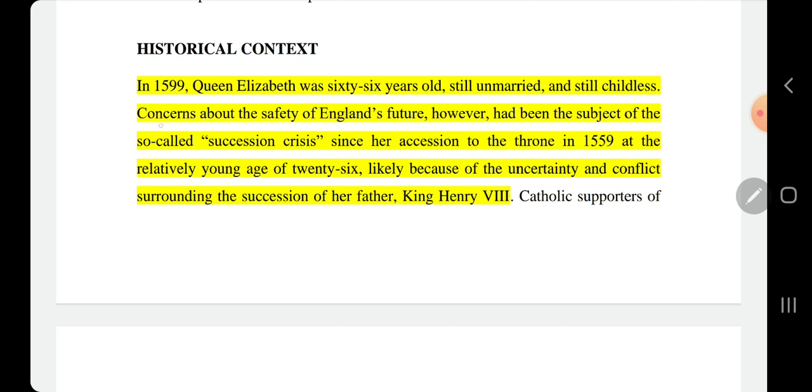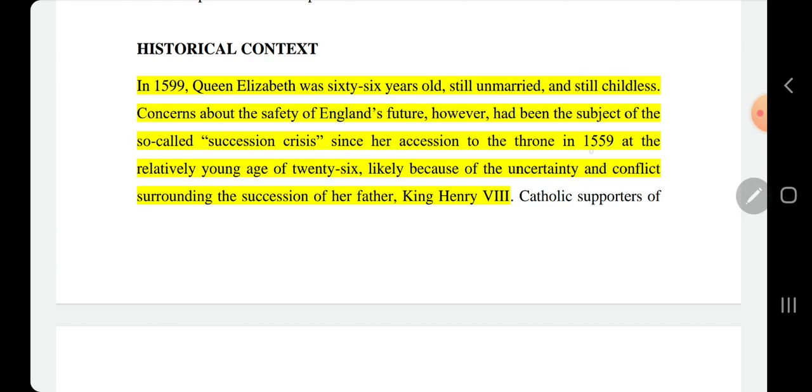So there were concerns about the safety of England's future. It had been the subject of the so-called succession crisis. Students, pay attention to this part, succession crisis, because this is exactly what is going to happen in our play Julius Caesar. It's all about the succession. It's all about those who will rule after Caesar.